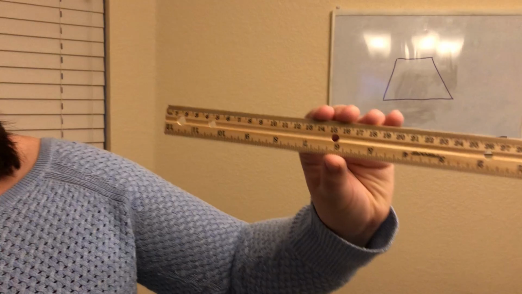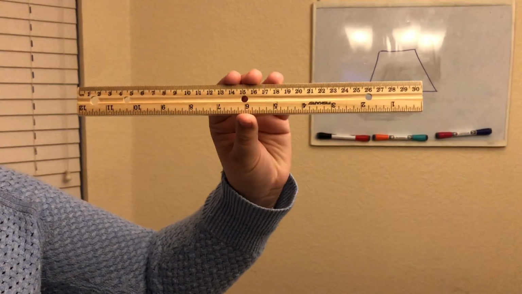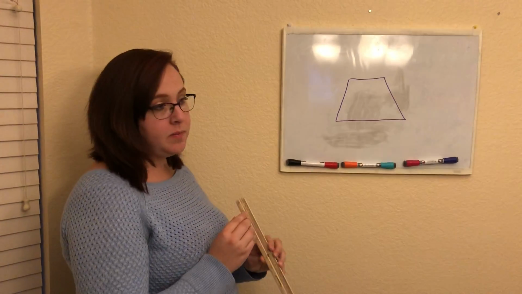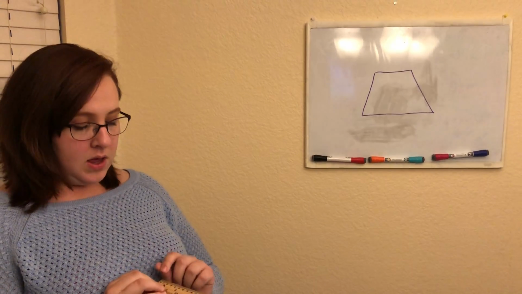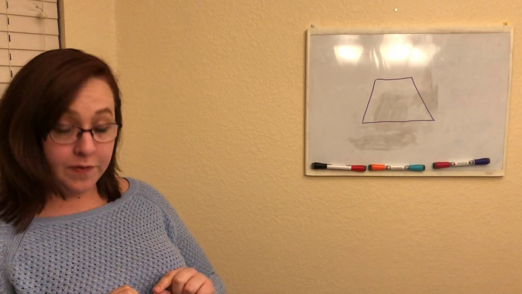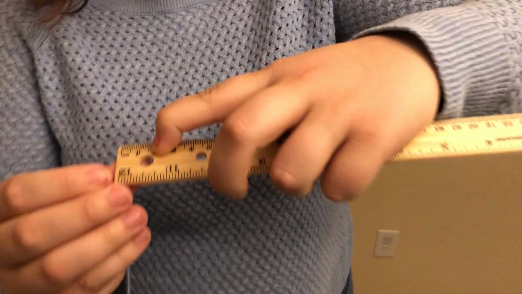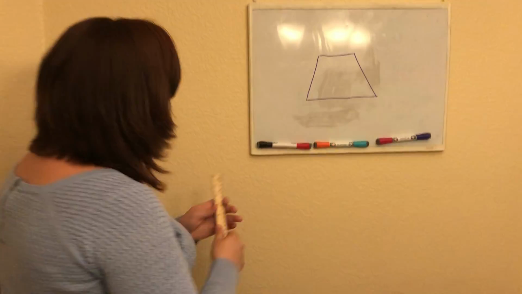Is that going to be the top or the bottom? The top, because it says cm. Great job. Okay, so when we're going to measure with centimeters for right now, we're going to round to the nearest centimeter. So that means we're going to round if it's right here. It's not quite 2, but we're gonna round it up to 2, okay?